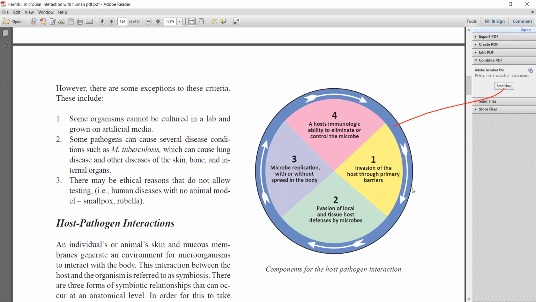So now if you want to study the host and pathogen interaction, there are some points to be kept in mind. The points that are required to be kept in mind are invasion of the host through primary barriers, how the host is invaded, whether the primary barriers are destroyed in order for the organisms to enter or invade a host.